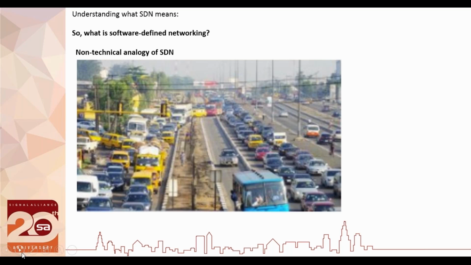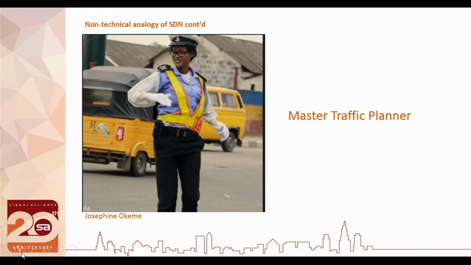Now imagine that there is a master traffic planner, the law enforcement, whoever, who is able to really plan how traffic runs in a city, in a given instance, typically Lagos.